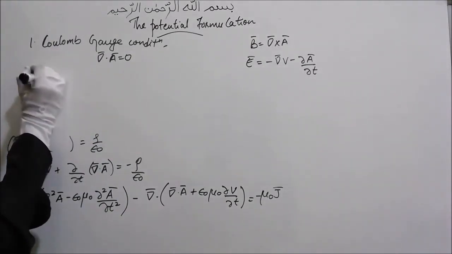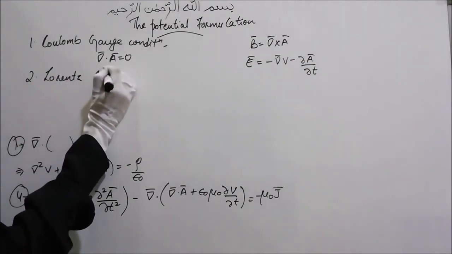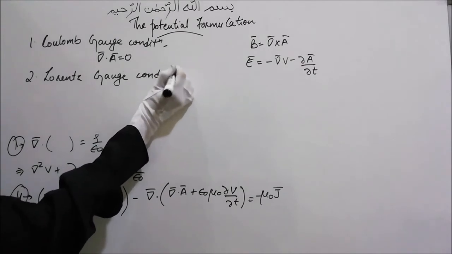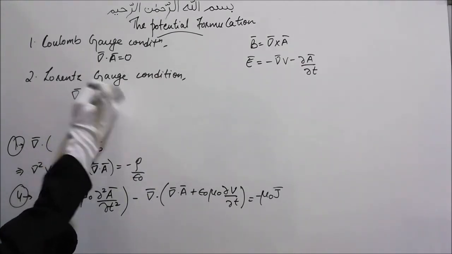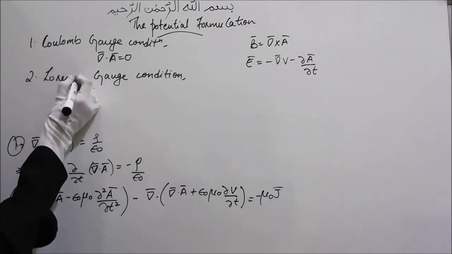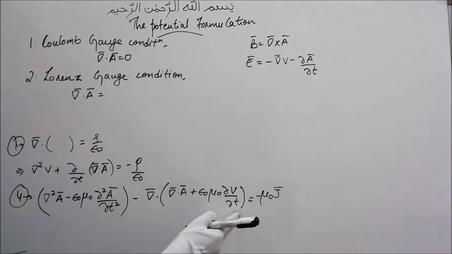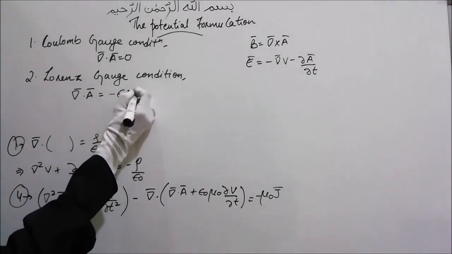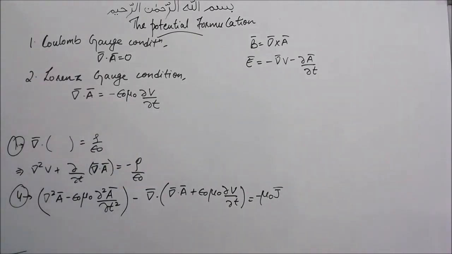The second condition is the Lorentz gauge condition, and according to this we have del bar dot A bar is equal to minus epsilon naught mu naught del V by del T.